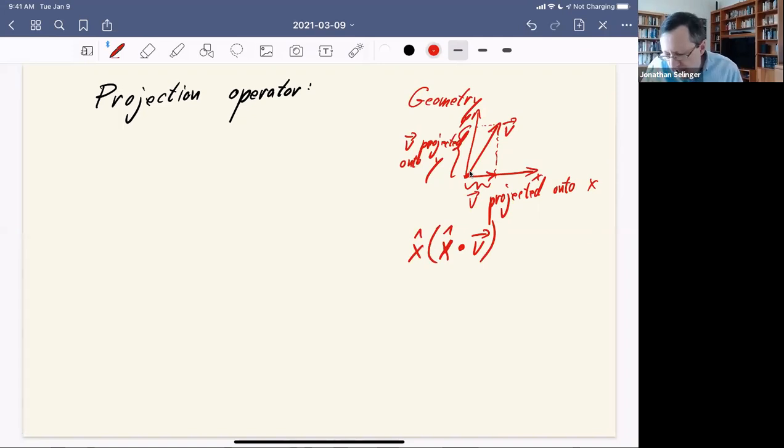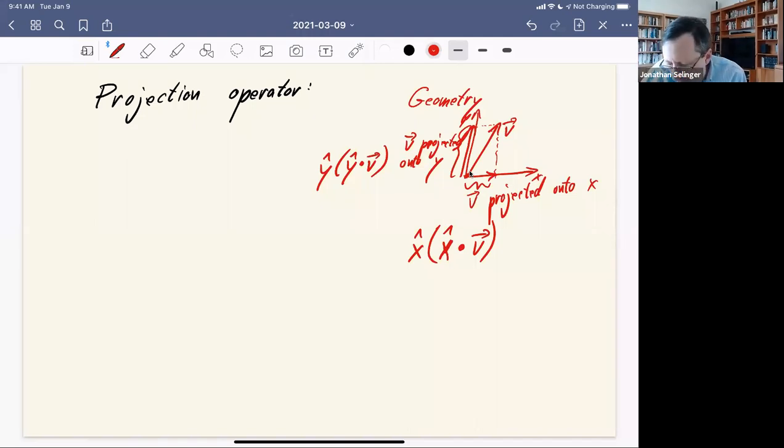So this is a vector. Here we have a dot product, that's a scalar, times a vector, so it's a vector. This vector represents v projected onto x. Likewise, over here, this vector is y hat times y hat dot v.